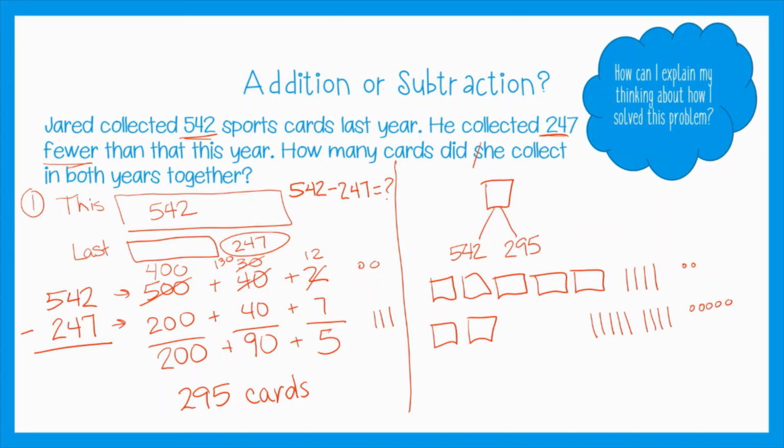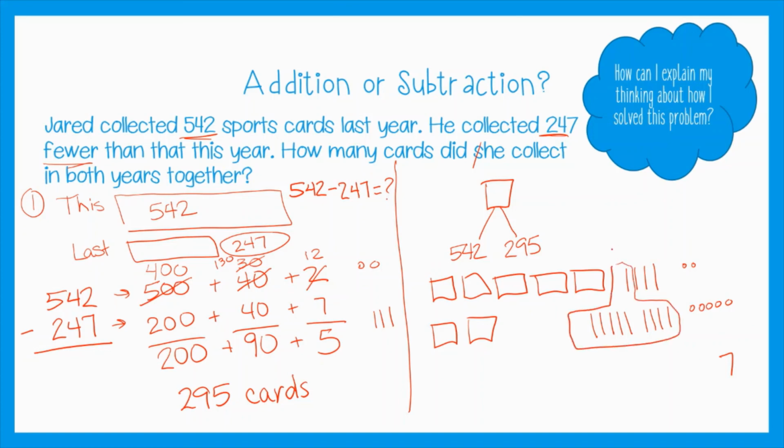And then since we're adding, we're putting together, which means we can combine our proof drawings. So 2 1s plus 5 1s is 7 1s. And then I have 9 10s plus 4 10s, so 9, 10, 11, 12, 13. Well, that's over 100. So I'm going to make a new 100.